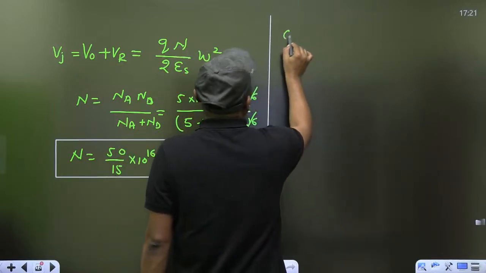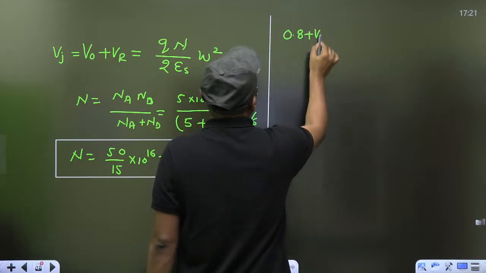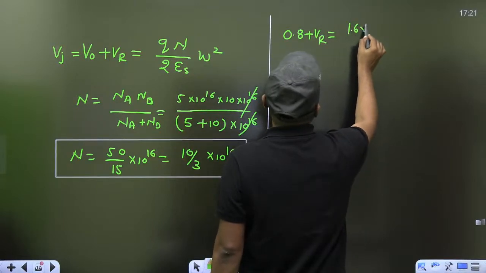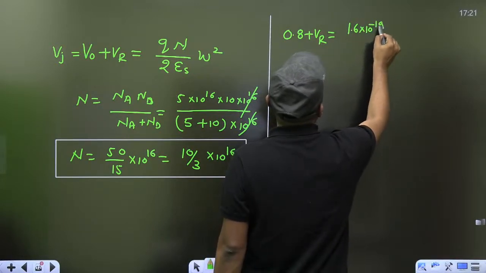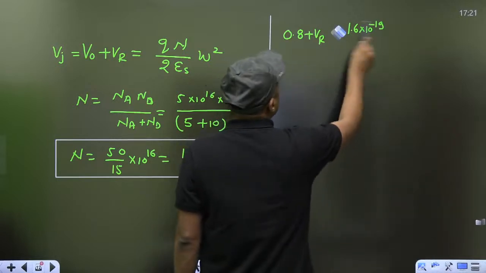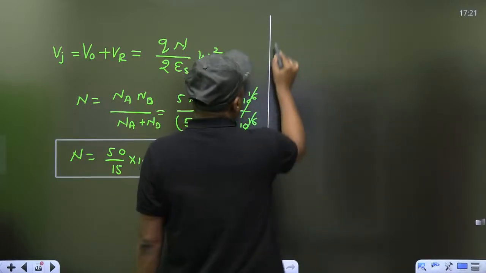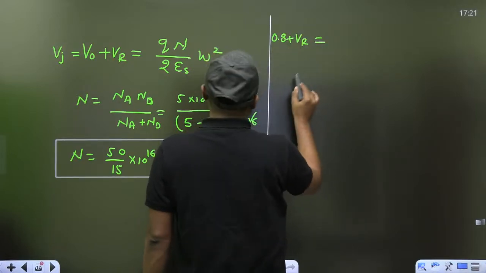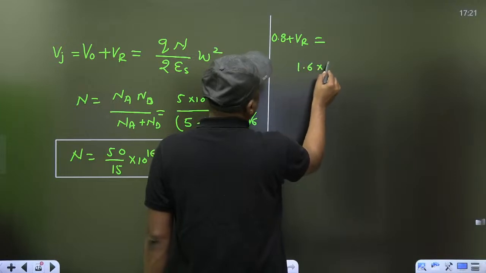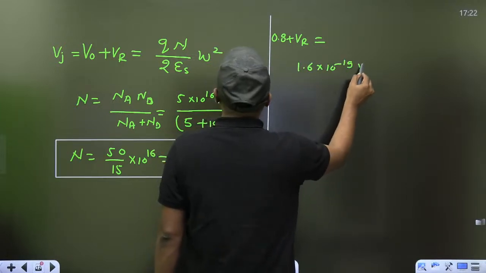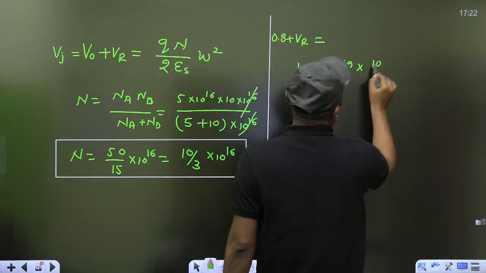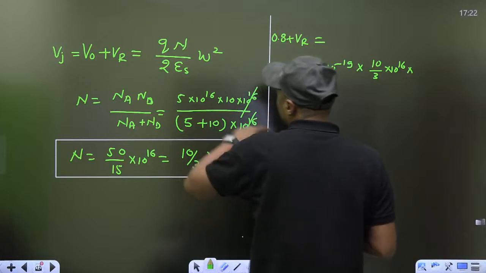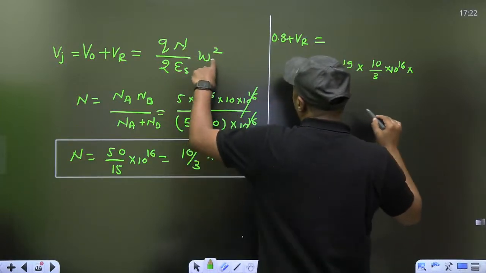Built-in potential is given as 0.8. You have to find the voltage applied in the reverse direction, meaning VR. What is Q? 1.6 into 10 raised to power minus 19, into N, 10 by 3 into 10 raised to power 16, into W square.